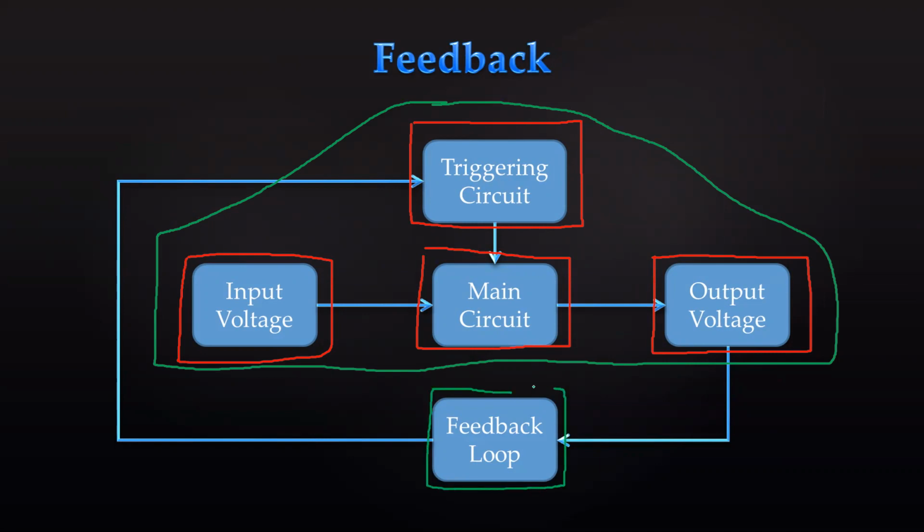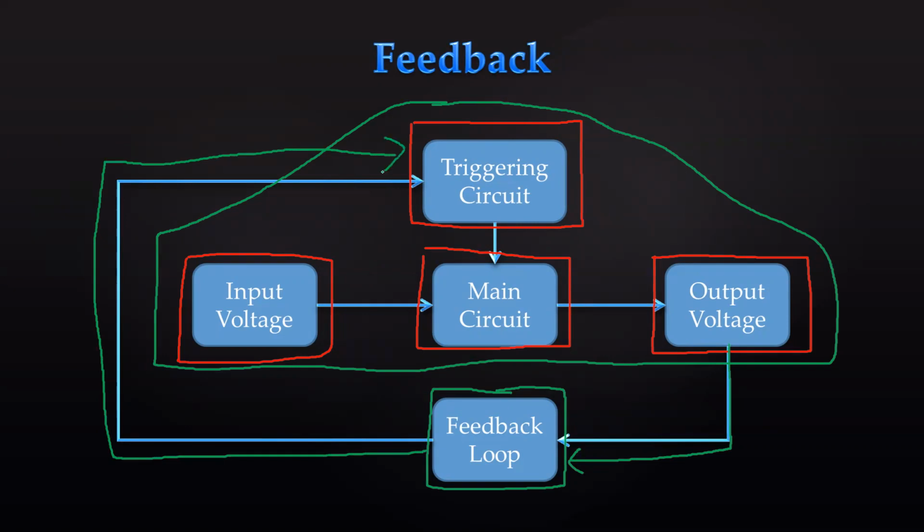So what is this feedback? Feedback means we will take some value from the existing output voltage and then give this value to our triggering circuit. According to it, it will generate the gate pulses and give them to the main circuit.